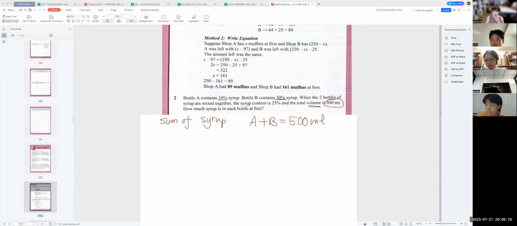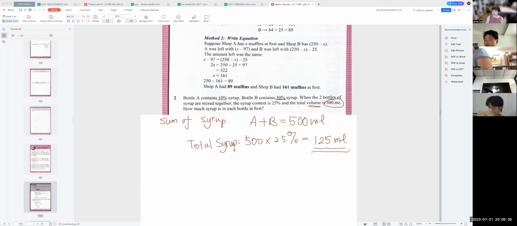And they say the syrup content is 25%. So we know the total syrup is 500 times 25%, which is 125 milliliters. Daniel, if your total is 125 milliliters, that means you're close to the right answer. Correct? Okay.